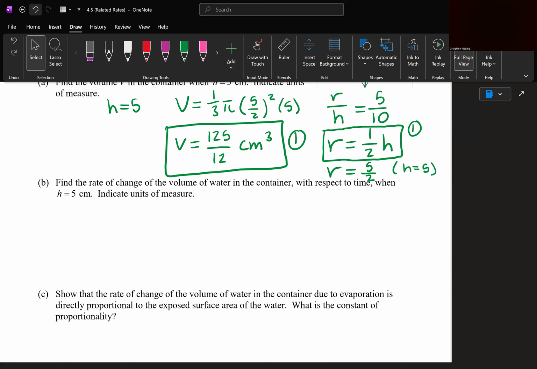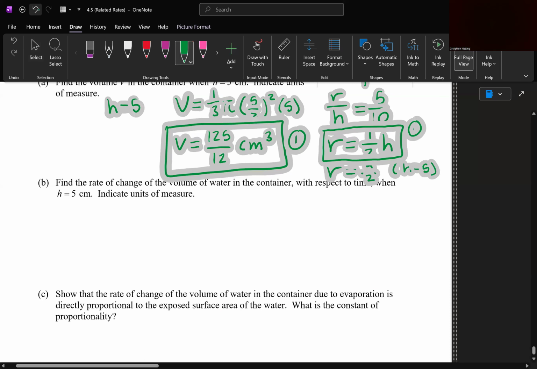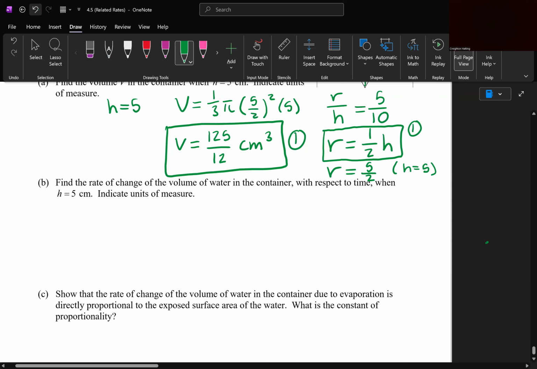Okay, let me help you interpret this just to get us started. We want to find the rate of change, specifically the rate of change of the volume of water, the rate of change of the volume with respect to time, when specifically H equals 5.